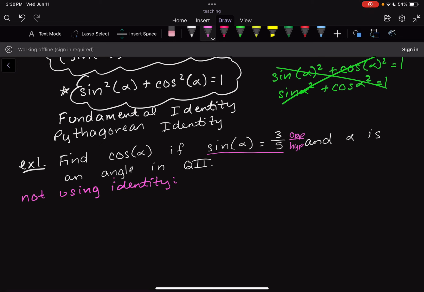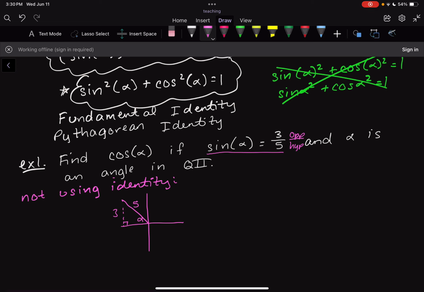Also, I can draw my angle in quadrant 2, but you have to remember that it has to be in standard position. And so the opposite side would be 3, the hypotenuse would be 5, and I get that because of sine.